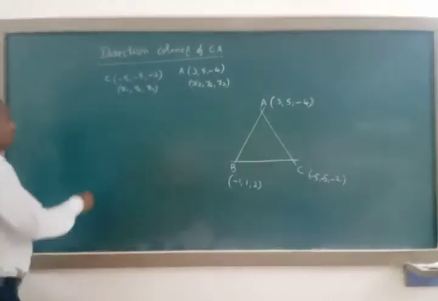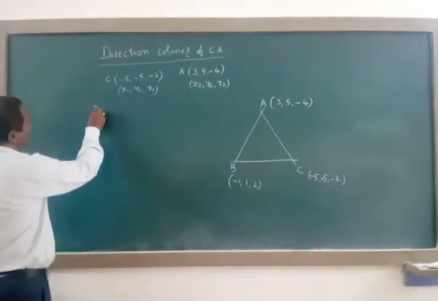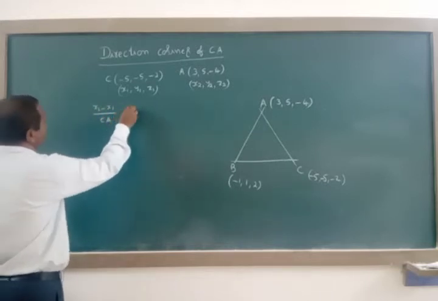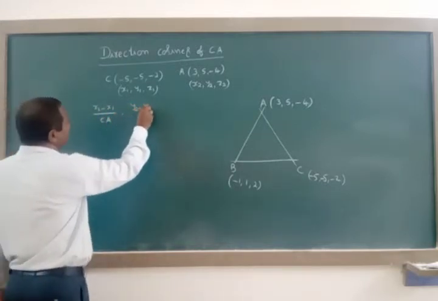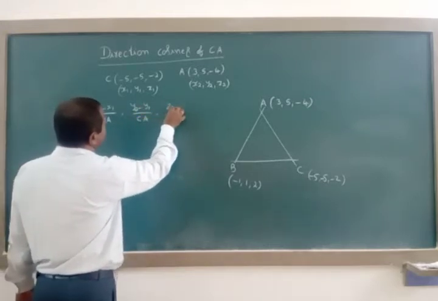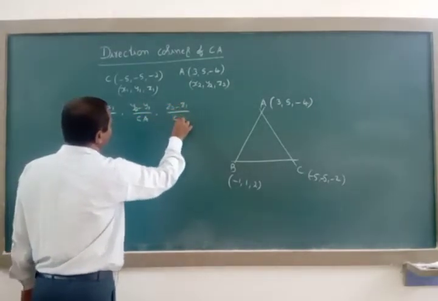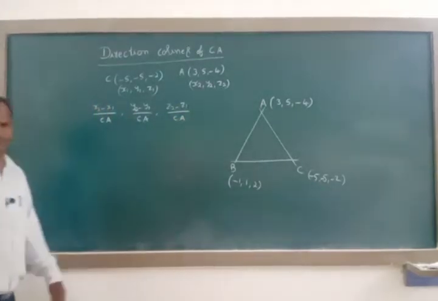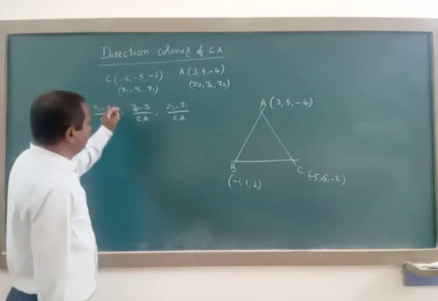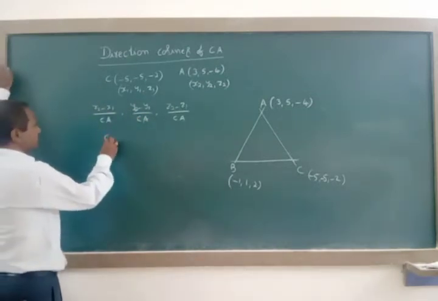Same direction cosines formula: (x2 minus x1) whole dividing by CA, (y2 minus y1) whole dividing by CA, (z2 minus z1) whole dividing by CA, where CA is the distance between the 2 points.